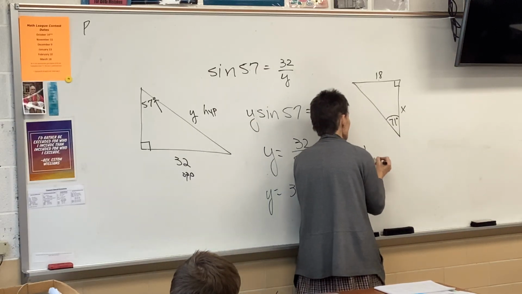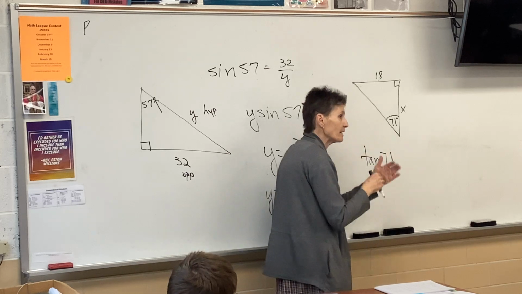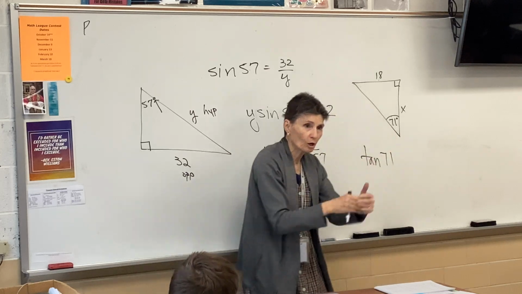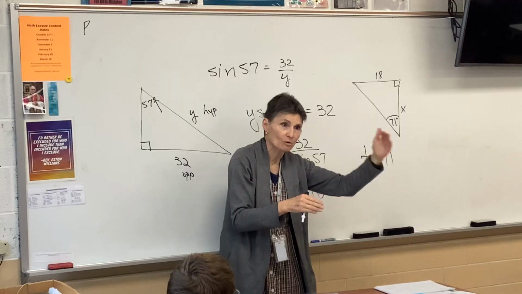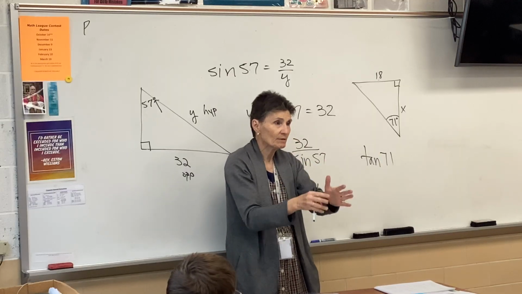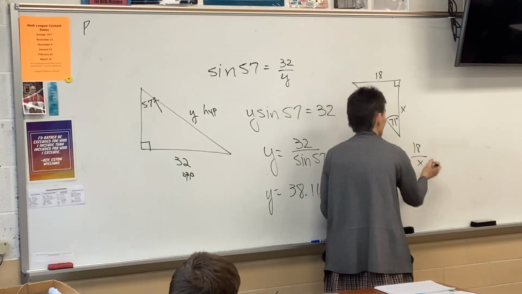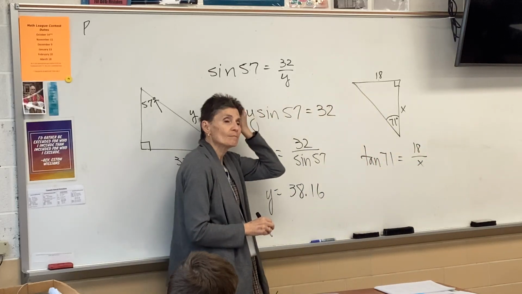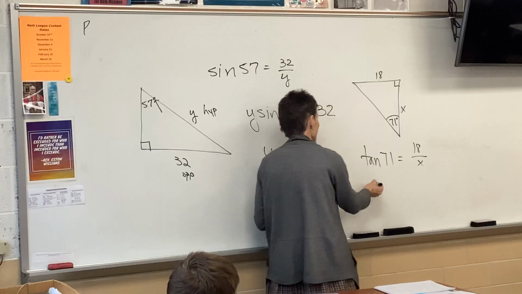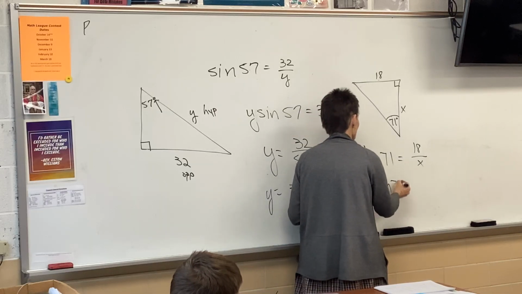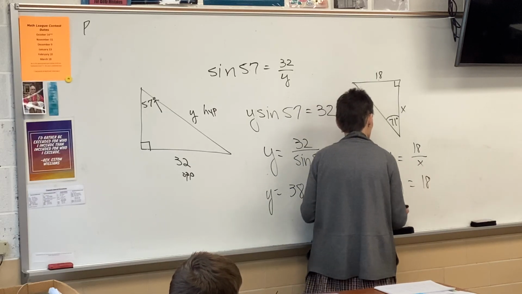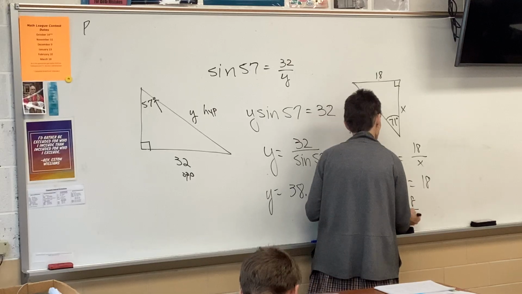So tan 71, the angle is always hooked to the tangent or the sine or the cosine. Tan 71 equals opposite over adjacent. So we'll multiply to get rid of the fraction and then divide.